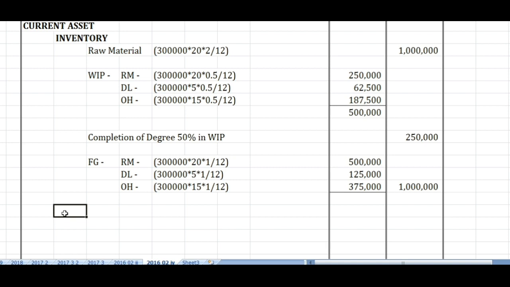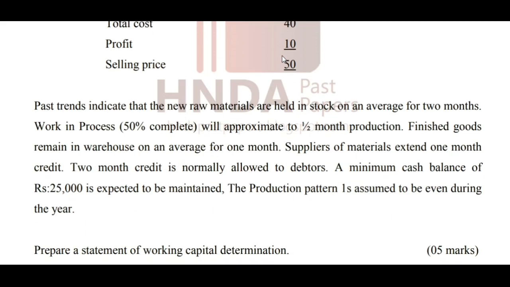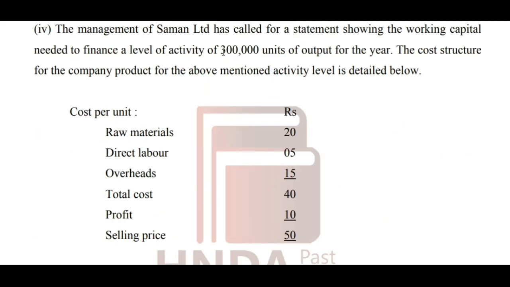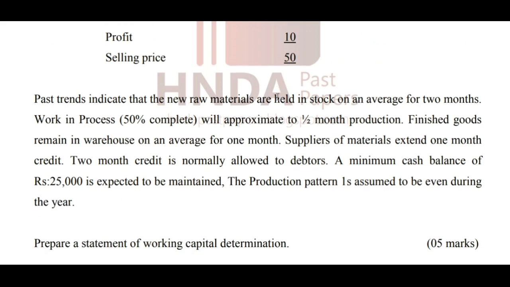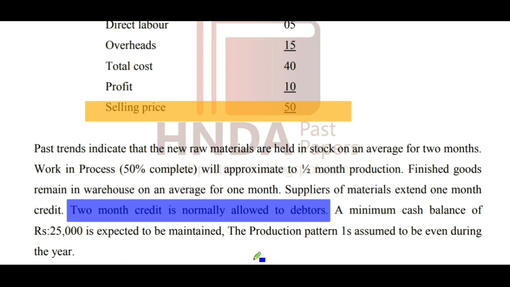So now we have to calculate debtors. Debtors. In this question, the level of activity or selling unit is 300,000 for the year, and selling price per unit is 50 rupees, and 2-month credit is normally allowed to debtors.